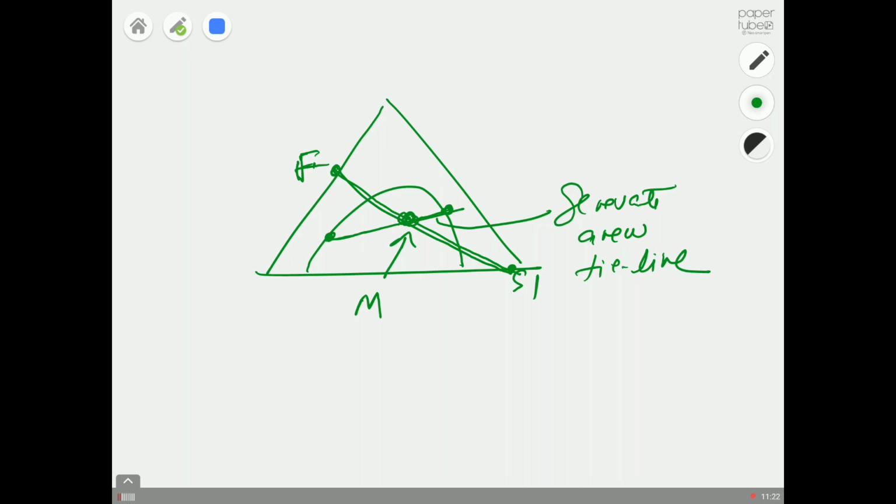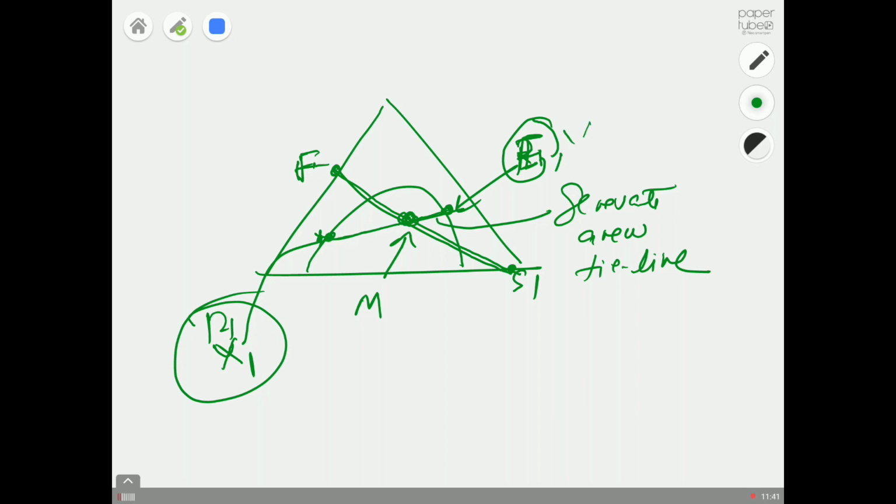From that new tie line you will know the composition of solute on the extract side, E1, and the percentage of solute on the raffinate side, which is x1. So this is our E1, and from that we get y1.